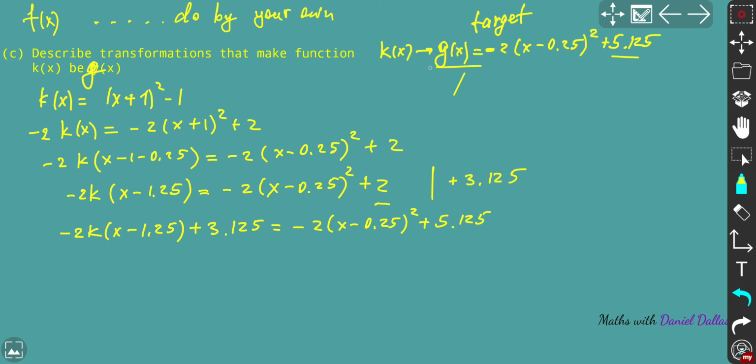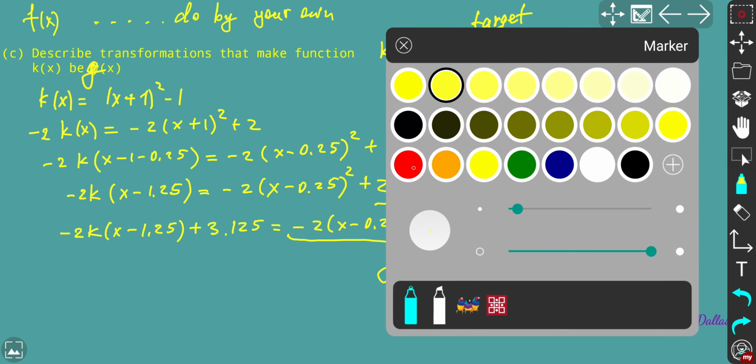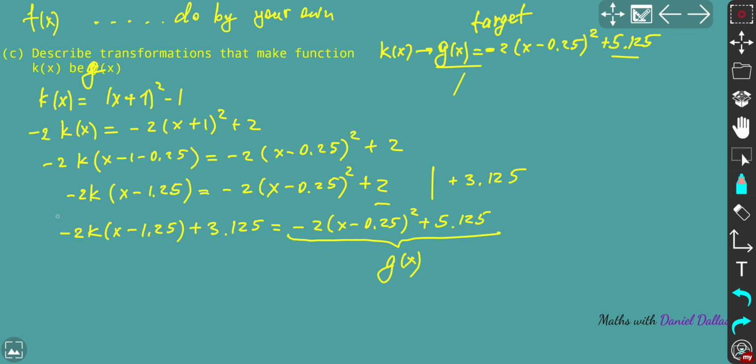If you compare, we exactly see that this is the g function, so this is g of x, and the left hand side shows you which sort of transformation occurred during our process. So first of all, this is scale.